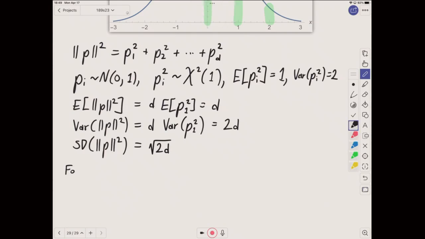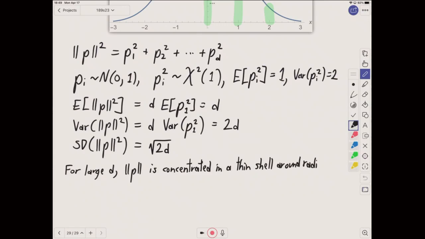So essentially what that means is that when you're in a high-dimensional space, when d is large, then the value of the norm of p itself is going to be concentrated in a thin shell. So that thin shell, you can think of it as being essentially a radius of square root of d plus or minus some wiggle room.